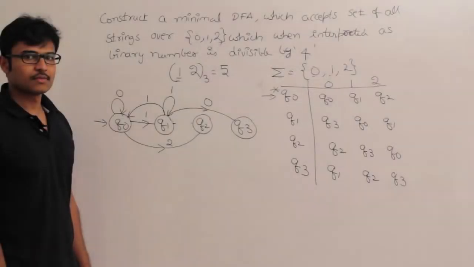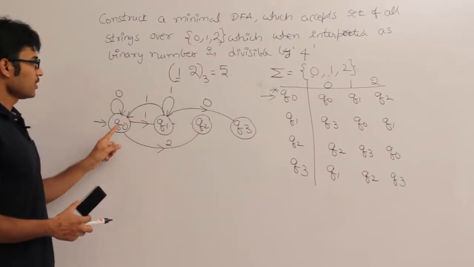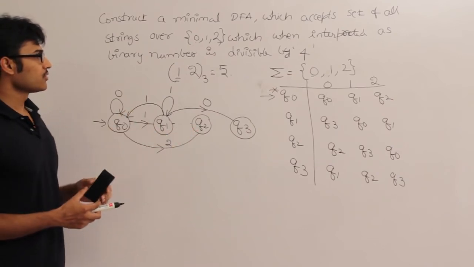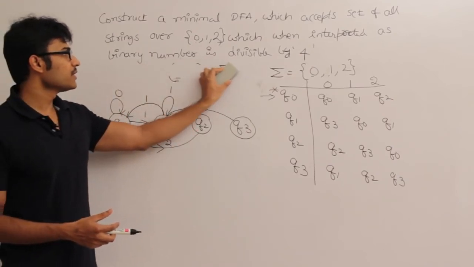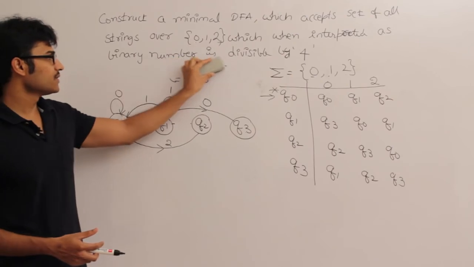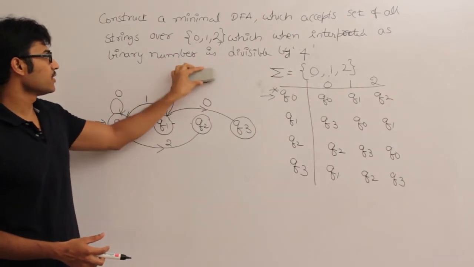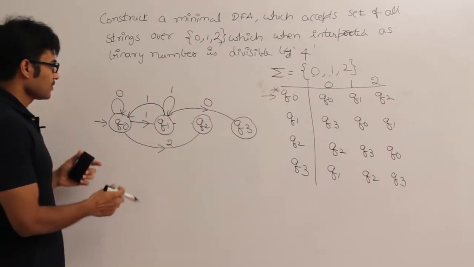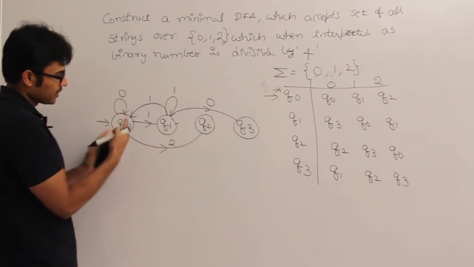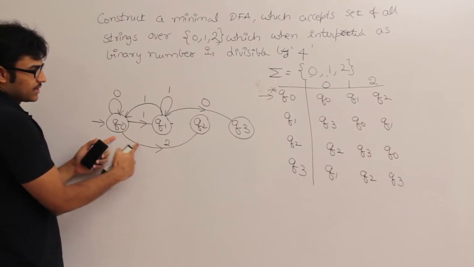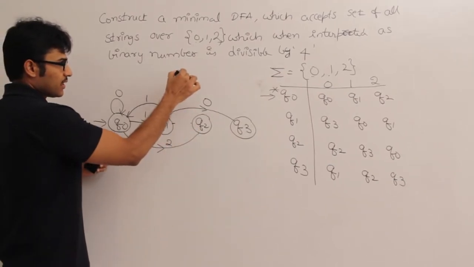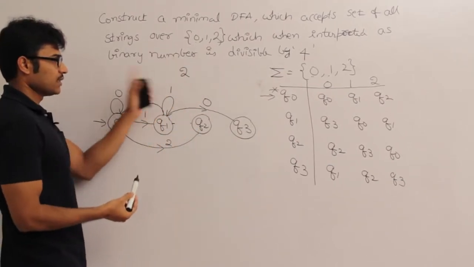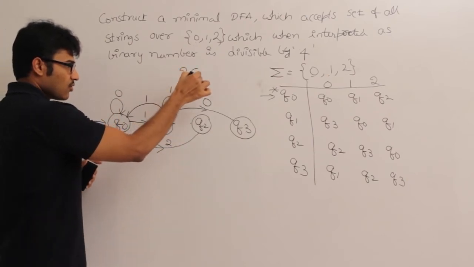Now let's see Q2. See, Q0 is done, Q1 is done, and now we are going to see Q2. So how did we reach Q2? We have reached Q2 by seeing all these strings, which will give a remainder of 2 when divided by 4. So what is the smallest such string? It is nothing but 2. See, from the initial state, if I see 2, I am in Q2. Now if I see a 0, what does it mean?